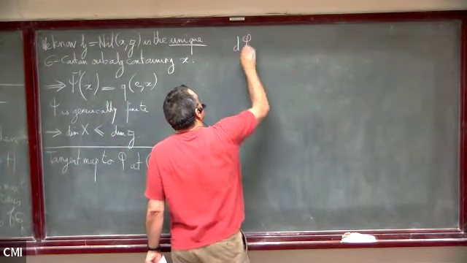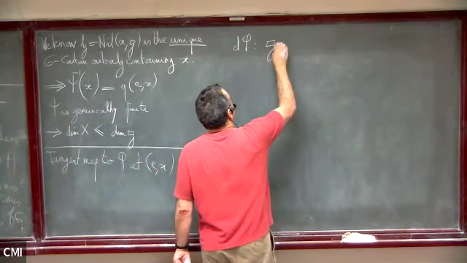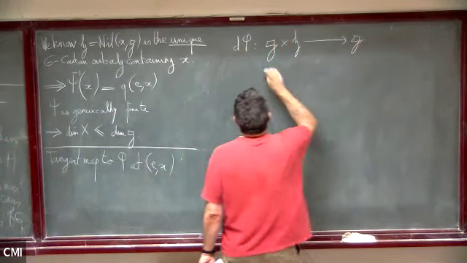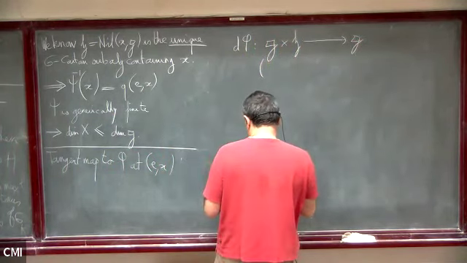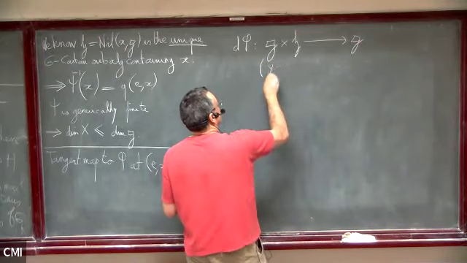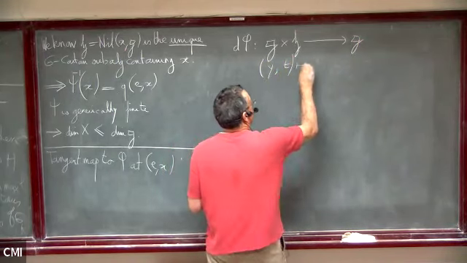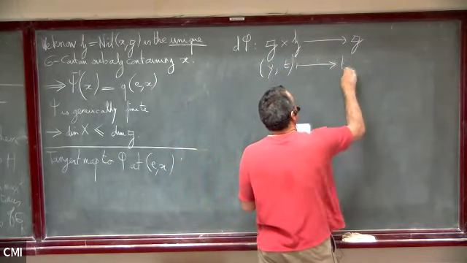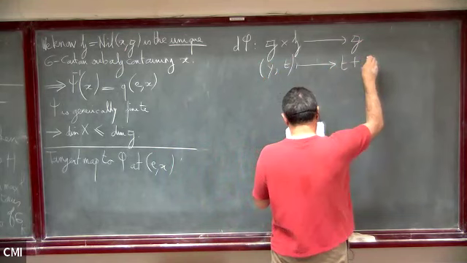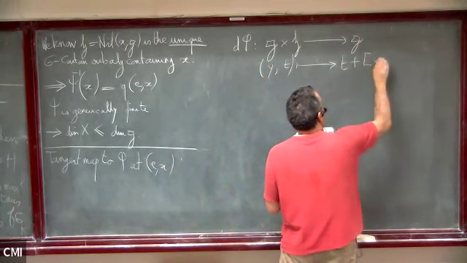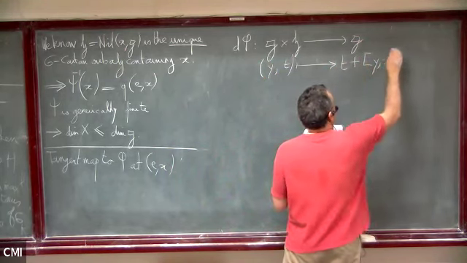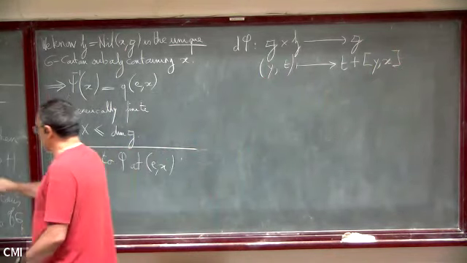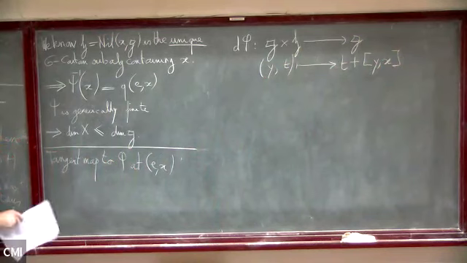Let's call it d phi. It goes from G cross H to G, and it sends a couple (Y, T), if we make the computation correctly, to T plus the bracket of Y with X.